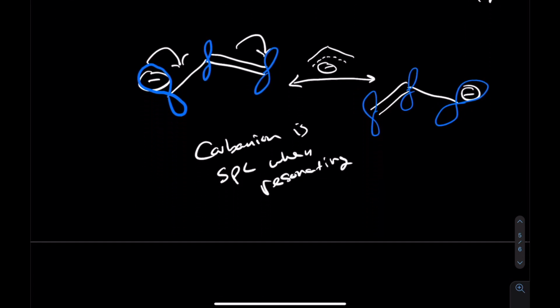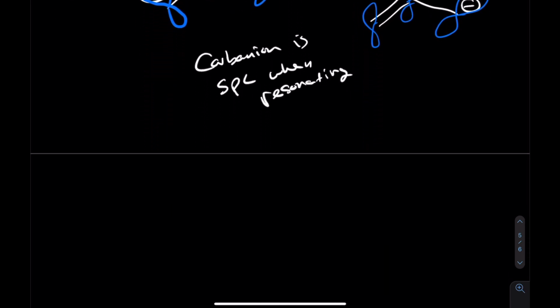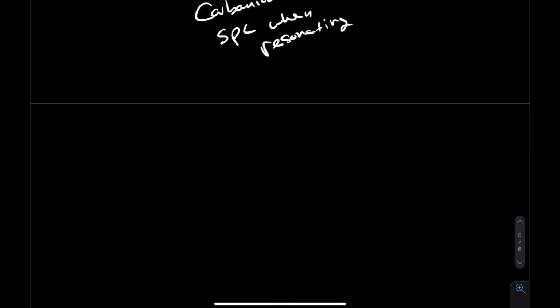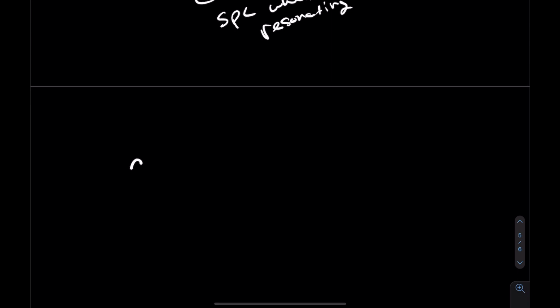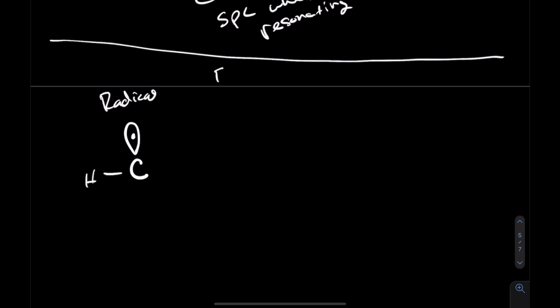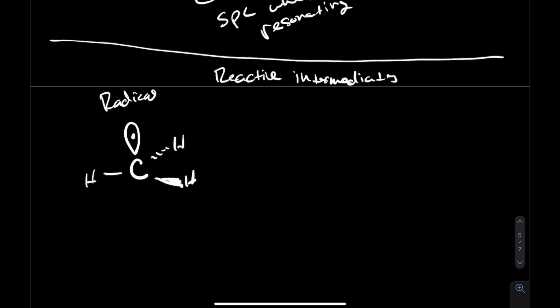So now we've covered 3 different reactive carbon intermediates. We talked about the radical. Let's go ahead and label this. We're going to call this reactive intermediates. We got radicals, easy peasy.